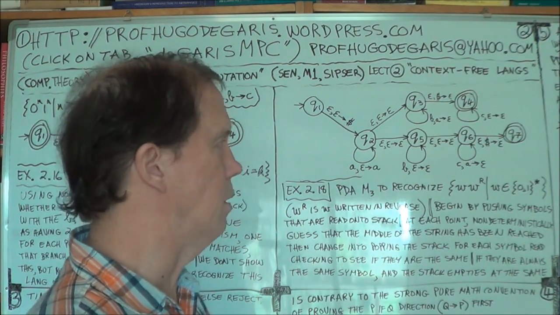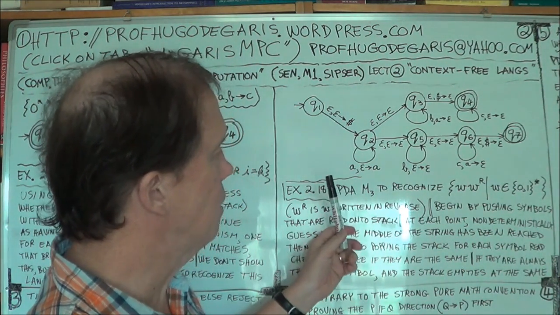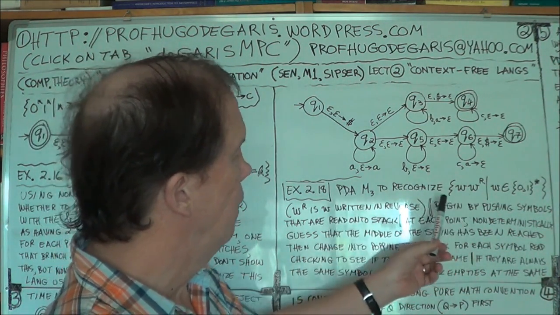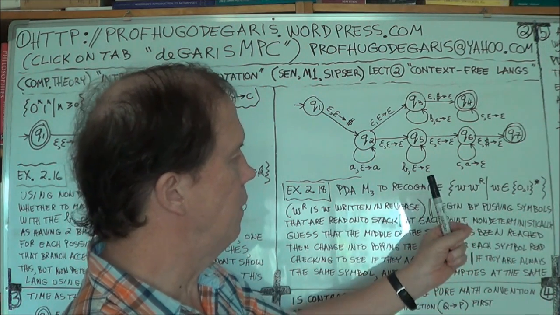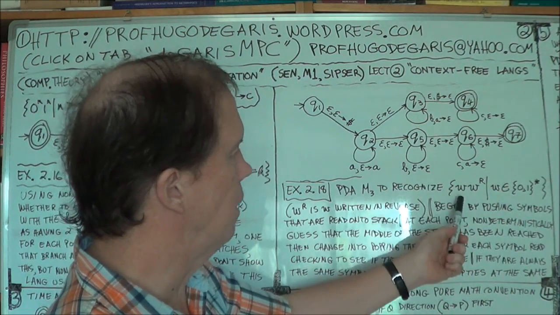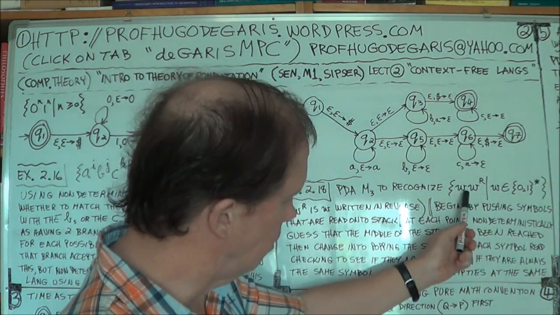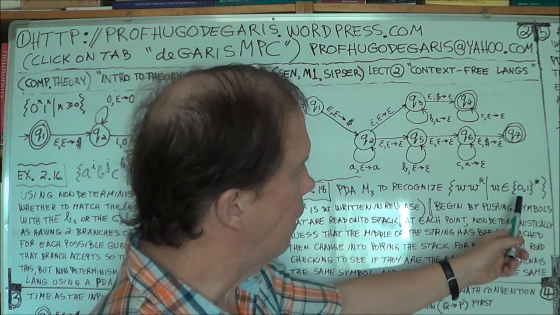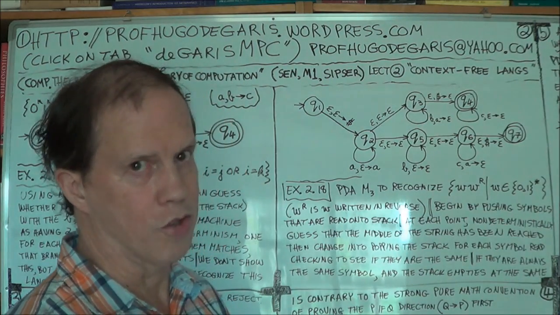I'm trying to think of others. No, anyway, but you got the idea. So, you're asked to find a PDA that will recognize the language that consists of palindromes WWR, where the W's are binary strings.